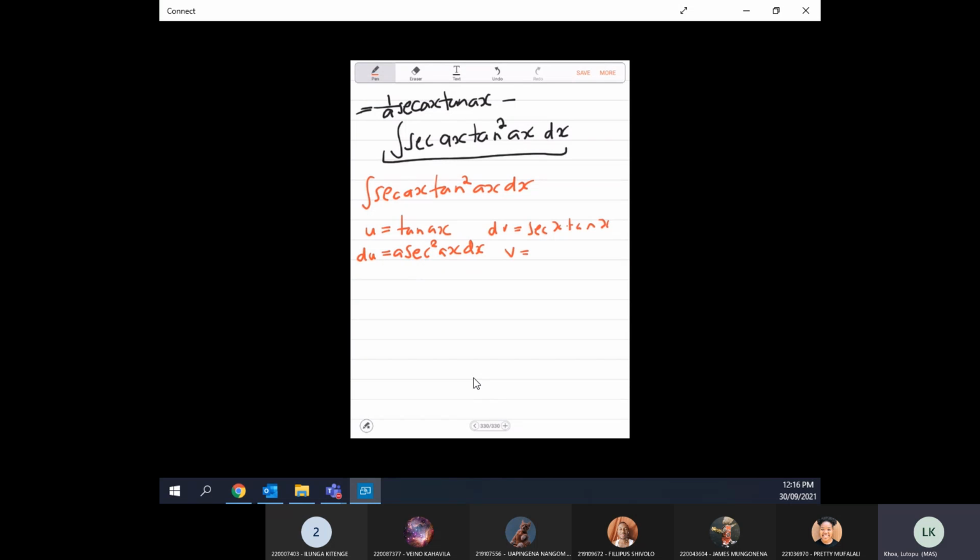And then this means our v, this is a dx here, let me write it nicely. So this means that dv is sec ax tan ax dx, and then our v now is 1 over a sec ax.